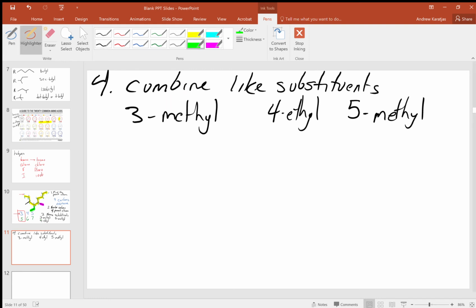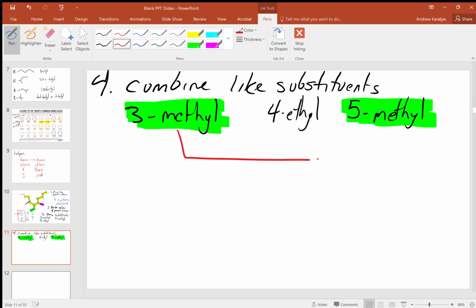So 2 of those are the same substituent, methyl. So we take our 3-methyl and our 5-methyl and combine them, because we don't need to list the name of a substituent twice if it's the same substituent. So we combine them and we say 3, 5.